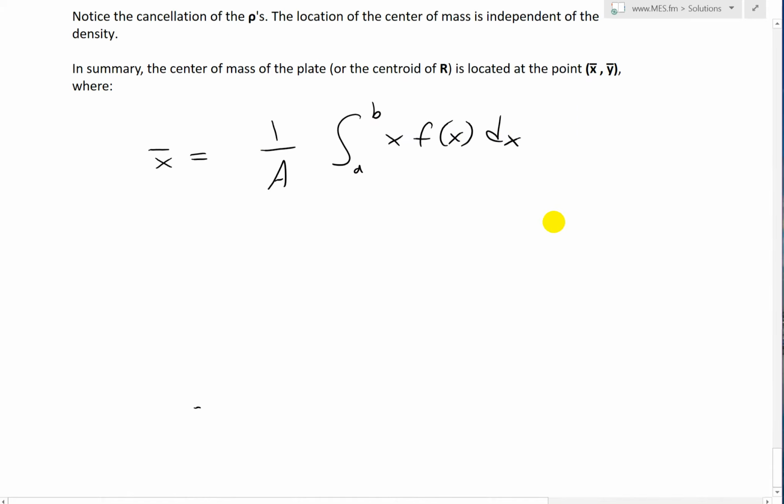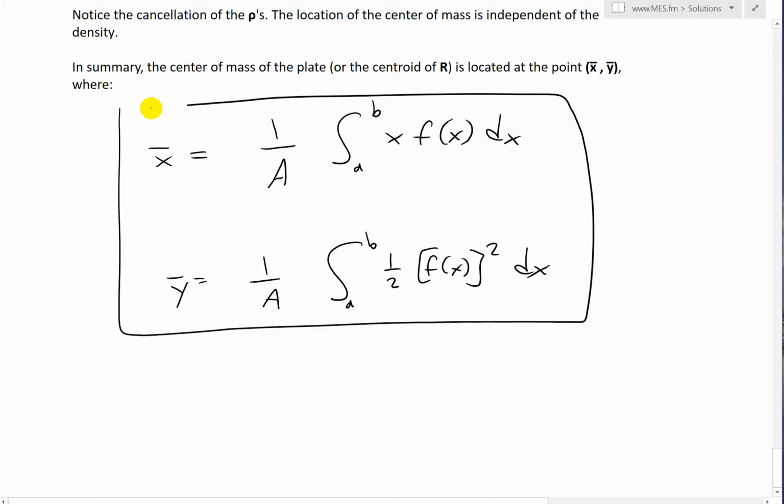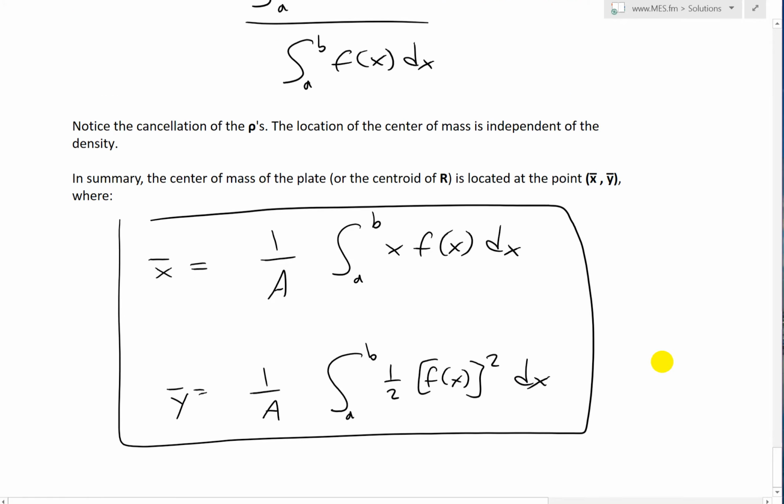And for the y direction of the centroid, this equals 1 over A, the area as well, times the integral from a to b, and I'll split the 1/2 inside here to make it look like the above equation, of f of x squared dx. So that is the center of mass, or the centroid, of the region R, and those are the formulas in terms of integrals.